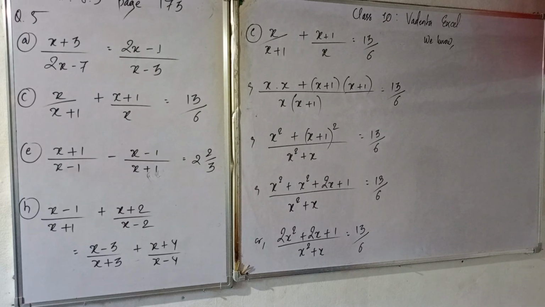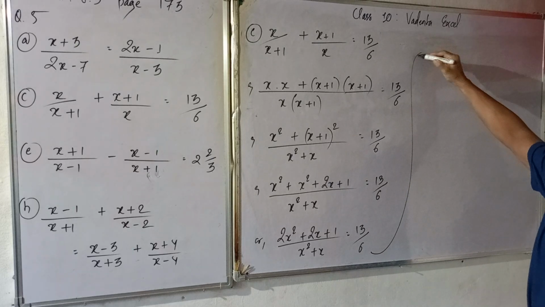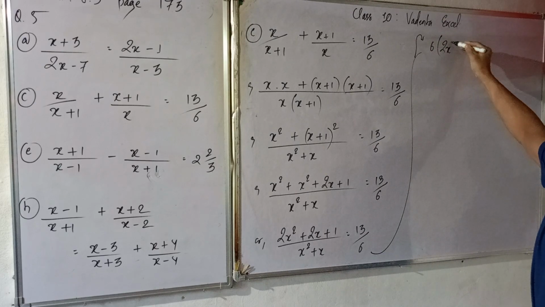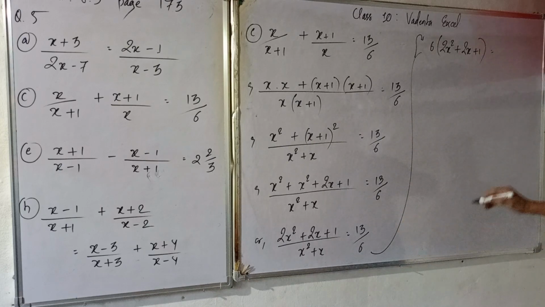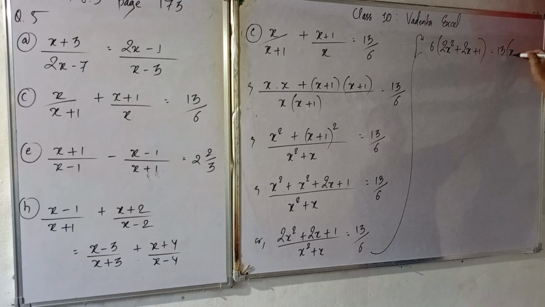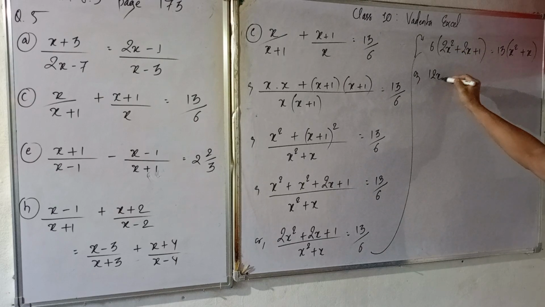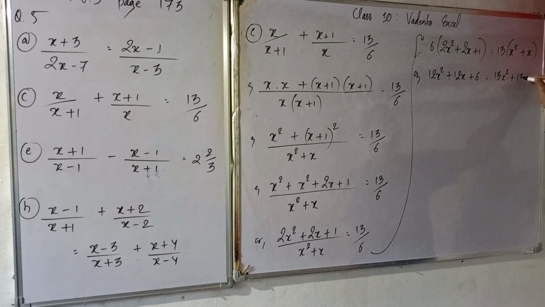Now what you do is, you just cross multiply. 6 should multiply 2x square plus 2x plus 1, and 13 should multiply x square plus x. Now 6 multiplied by 2, 12x square, 12x plus 6 is equal to 13x square plus 13x.